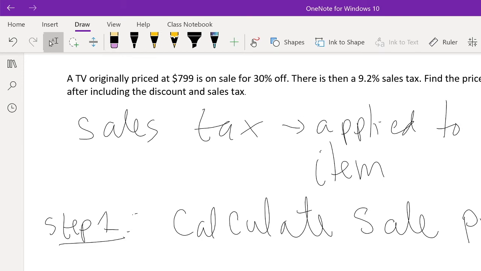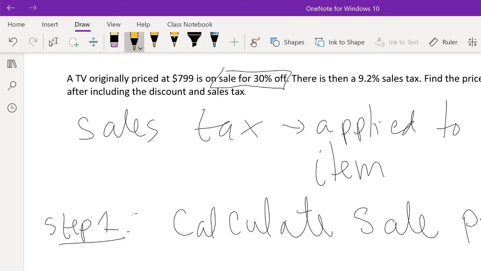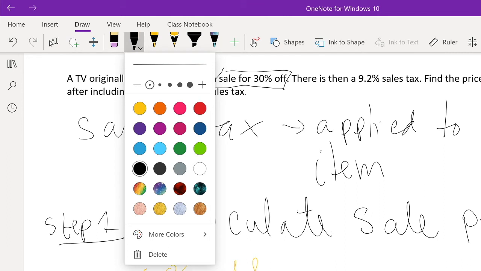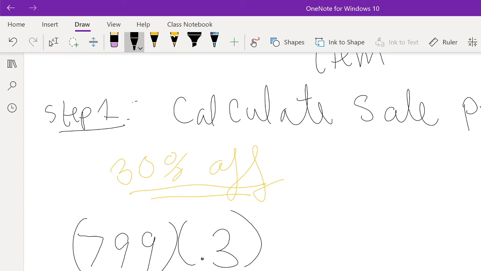Keep in mind that is our key distinction that we want to make here. So we have 30% off. So what we can do here is take 799 and multiply it by 0.3, which is 30%. Remember, always change to a decimal.